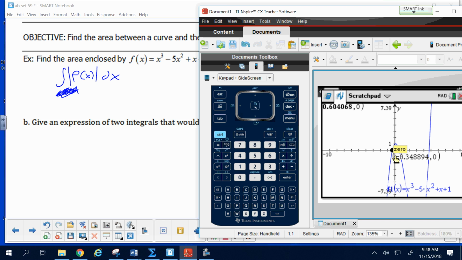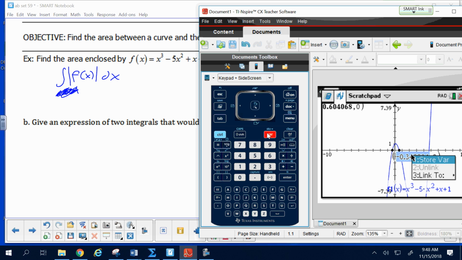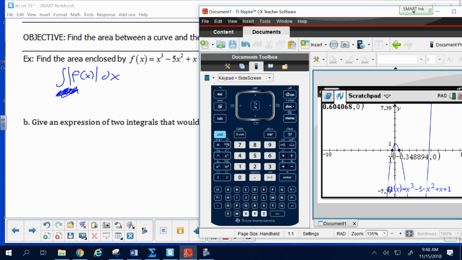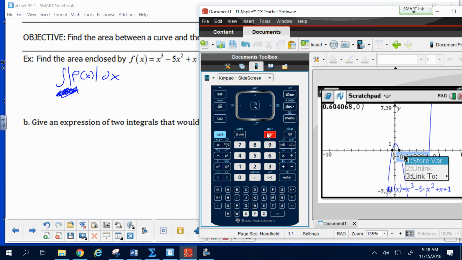Okay, do you agree with negative 0.348? All right, there we go. Let's do that. I guess I'll call it B, never mind. So, you would record that, negative 0.348, find the upper zero.